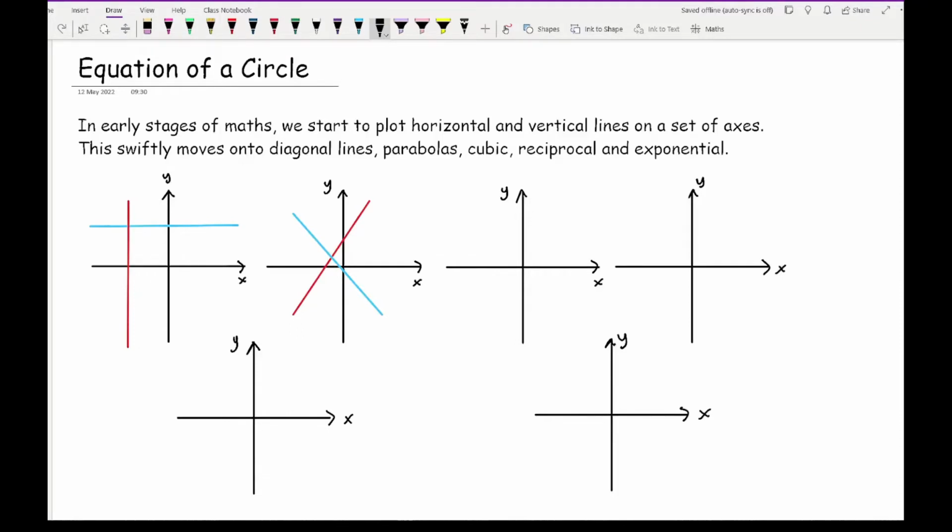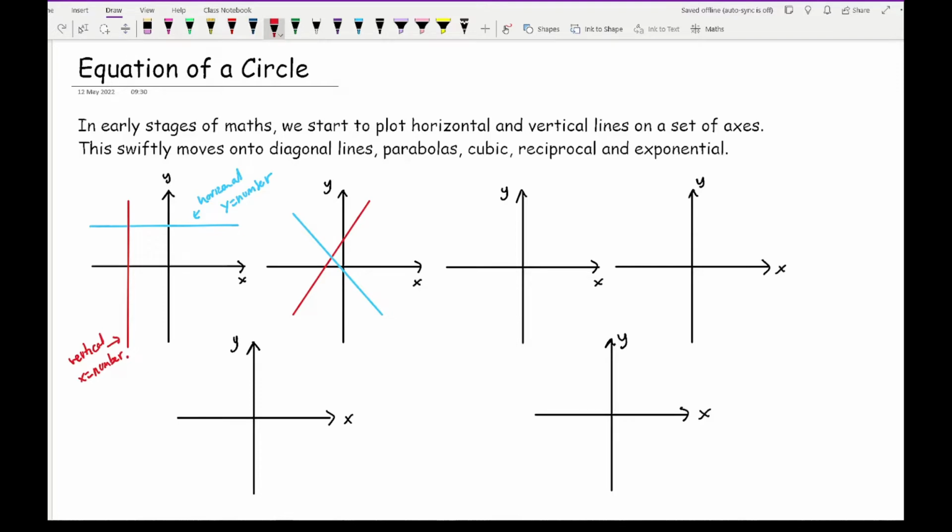Now in the early stages of maths we start to plot horizontal and vertical lines on a set of axes. So for example, looking at this first graph here, we've got our horizontal line which is represented by y equals a number, and then we have a vertical line which is represented by x equals a number, and that's one of the very early stages of plotting straight line graphs onto a set of axes.